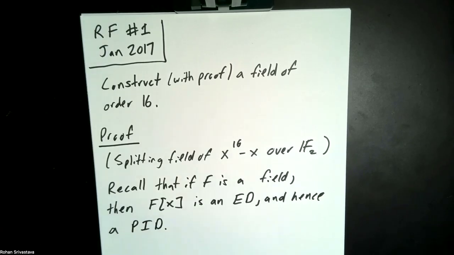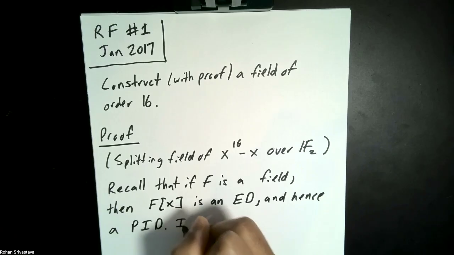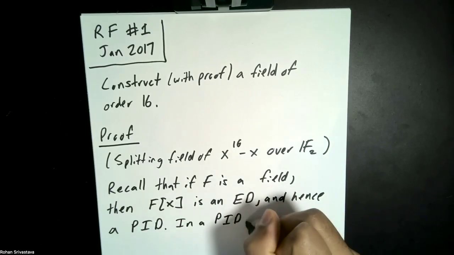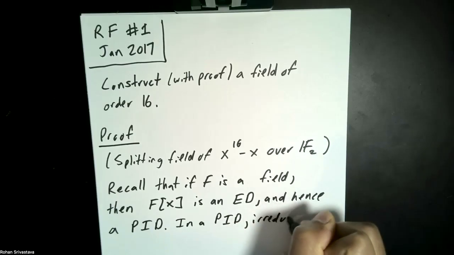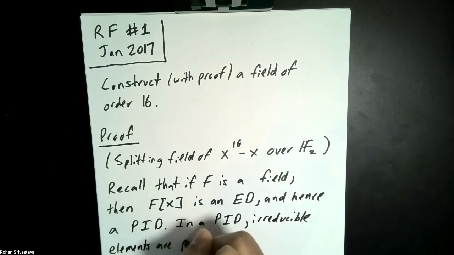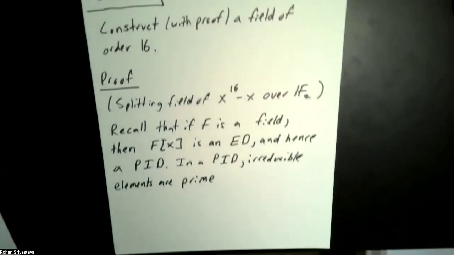So in particular, it's a PID. And also recall that in a PID, irreducible elements are prime. Recall that in any integral domain, prime elements are irreducible. But if we're in a PID, then we also get that irreducible elements are prime.